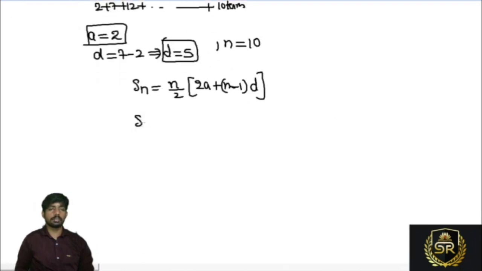In the place of n, I am substituting 10 by 2 into 2a, where a value is 2, plus n minus 1, which is 10 minus 1, into the d value, which is 5.